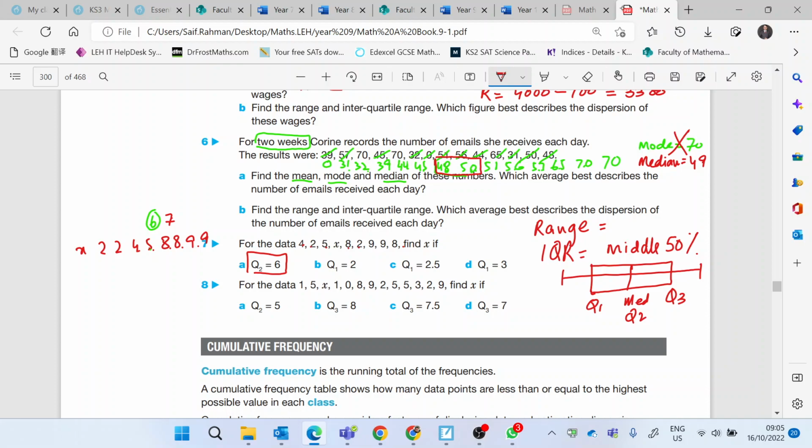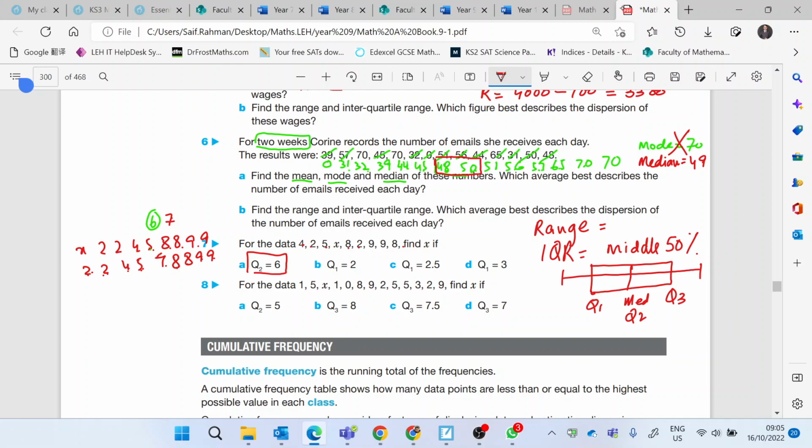So our numbers will be 2, 2, 4, 5, 7, 8, 8, 9, 9. We have got 9 numbers here.